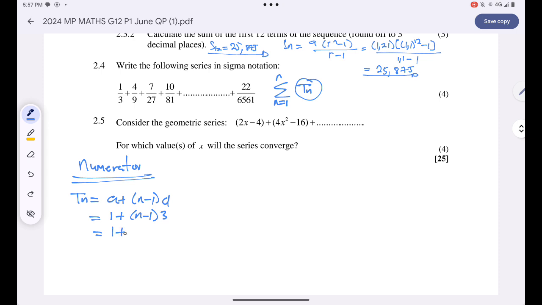So I have 1 plus 3n minus 3. So this is just 3n minus 2. Are you together? So this is just the value of my Tn for my numerator. Therefore, let's go to my denominator.